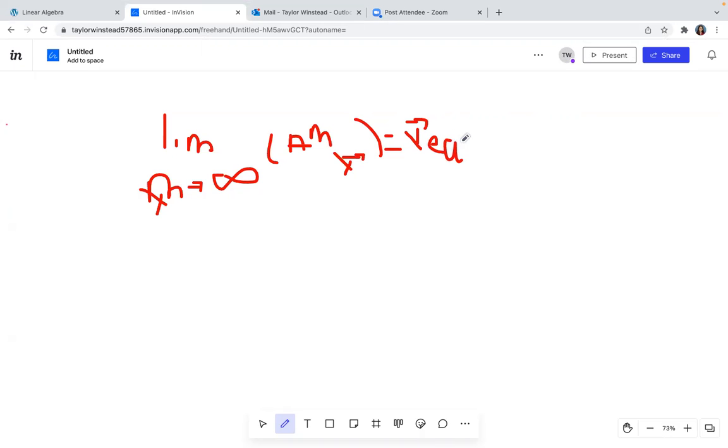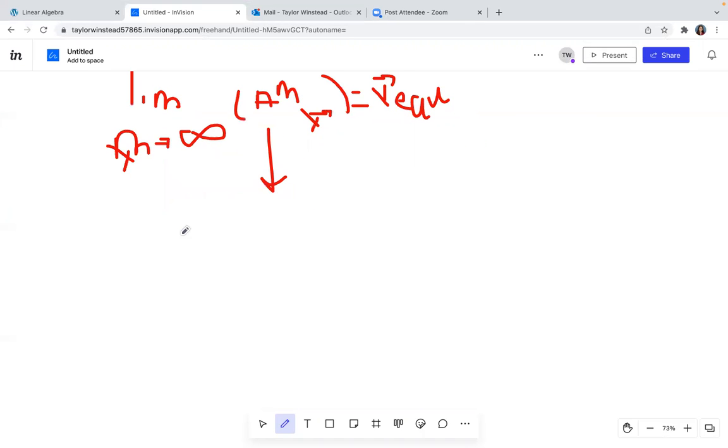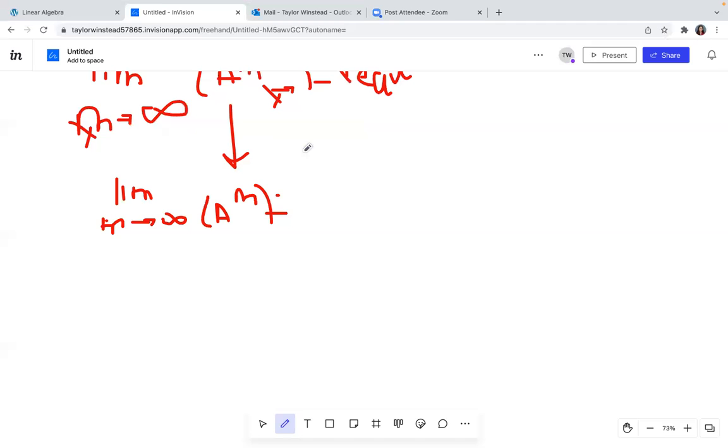They want us to use that fact and prove the next part of the theorem, which is that the limit as m approaches infinity of matrix A to the m is equal to this.